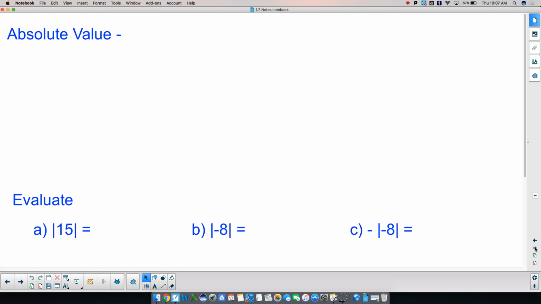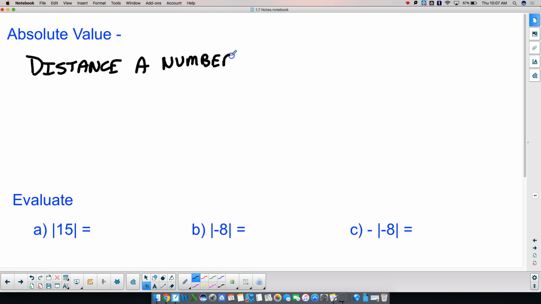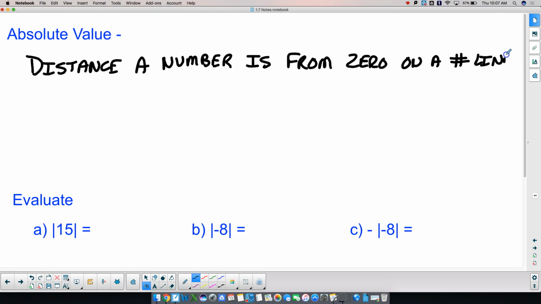The true definition of the absolute value is the distance a number is from 0 on a number line.